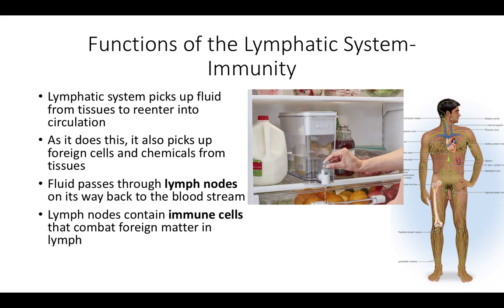And in order to get rid of those, as the fluid passes through these nodes, which you see all over the body, these little bean-shaped organs that are connected to the lymphatic vessels, they're going to act as a filter, sort of like filtering your water through a Brita. What we have in those nodes is immune cells, and those immune cells take the lymph, the tissue fluid, as it's coming through, and all of those immune cells within the nodes are going to combat the different foreign matter that exists in the lymph.